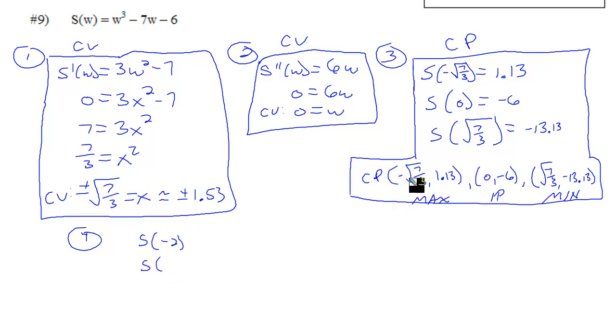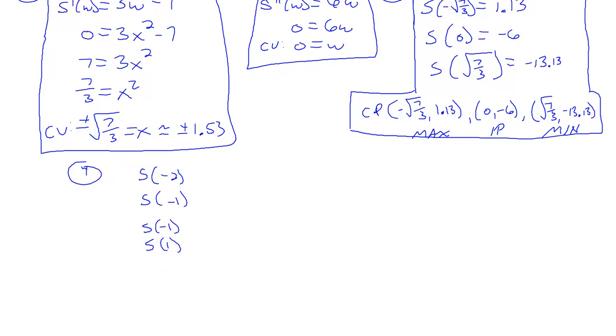I can pick a test point between negative square roots of 7/3 and 0, such as negative 1. And then between these numbers and to the right.